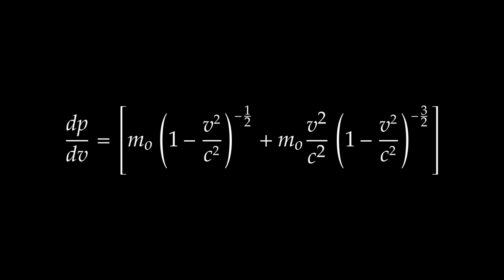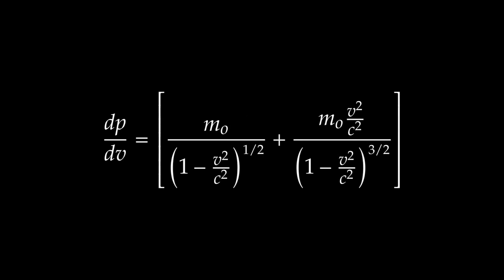I'm not going to write that as a square root because I'm going to combine fractions and it'll be easier to see that way. I've taken that from the numerator to the denominator, plus what I have left over here. Now, this is m naught v, and there's another v over there, so it's m naught v squared over c squared divided by 1 minus v squared over c squared to the 3/2 power.